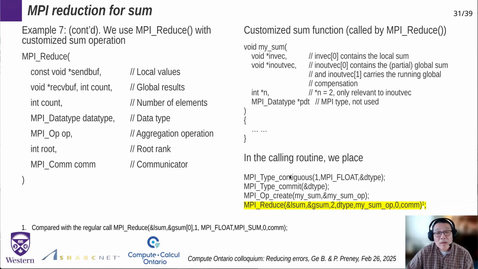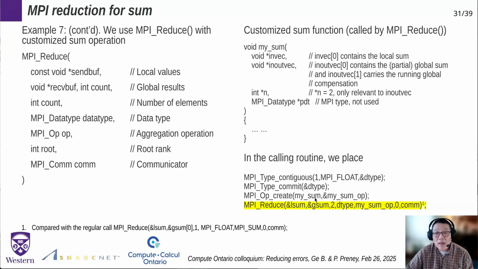So the extra work we need to do is define a data type required by this MPI standard. And we need to define an operator, which is my customized function, my sum, by calling MPI op create.